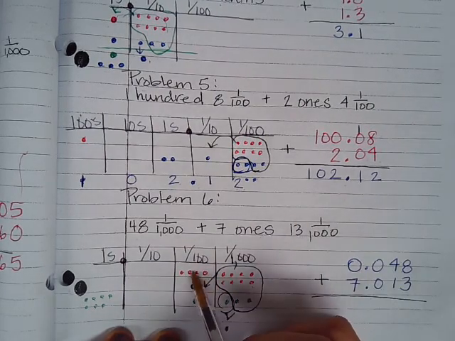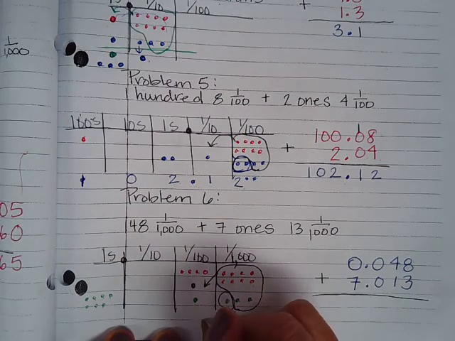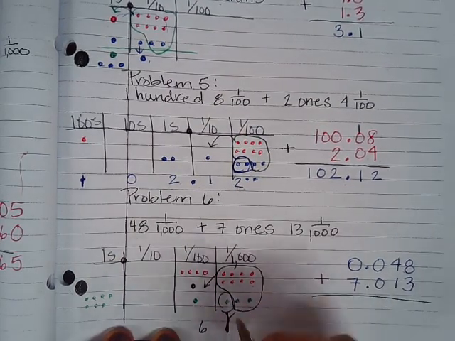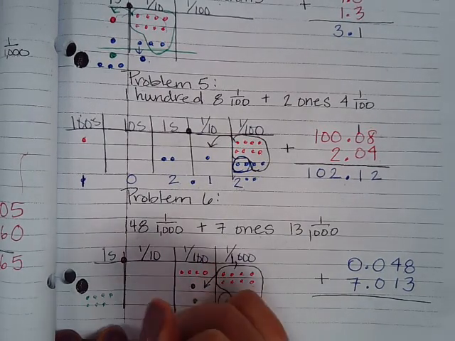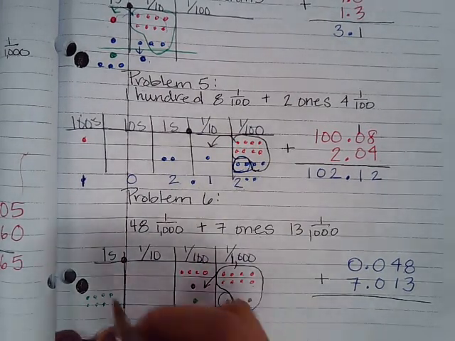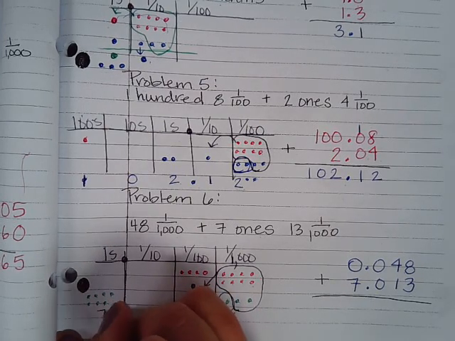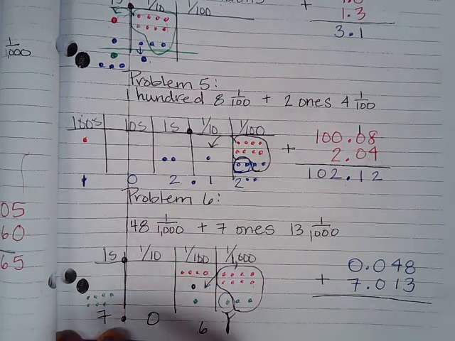Then I have 1, 2, 3, 4, 5, 6. I have 6. No, write that down as a 1. Now I have 6. I have 0 tenths. And I have 1, 2, 3, 4, 5, 6, 7. I have 7 ones. 7 and 61 thousandths.